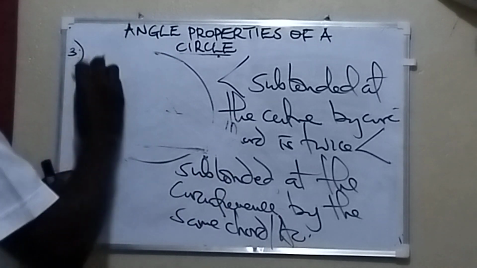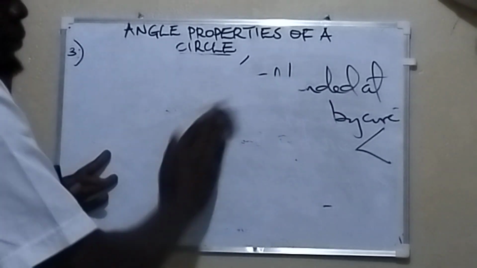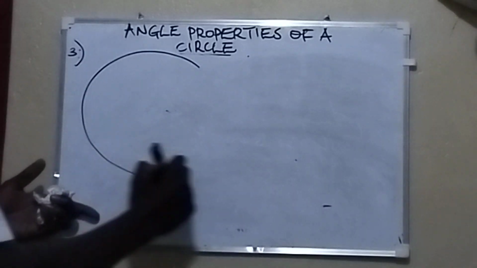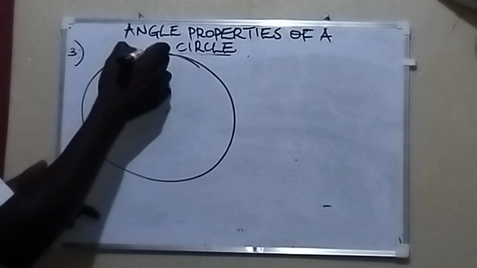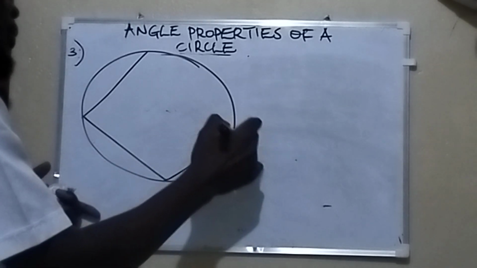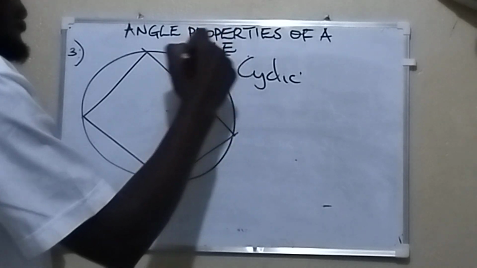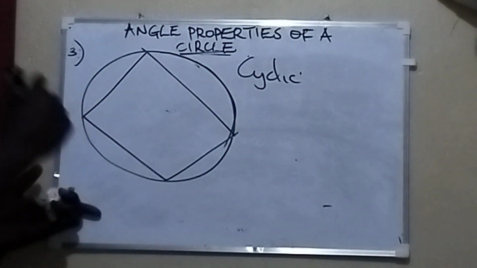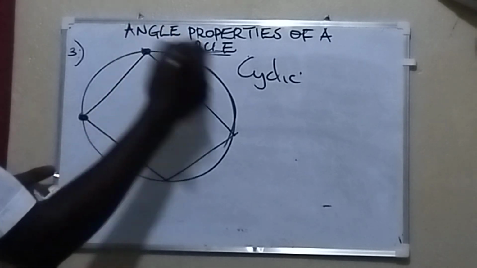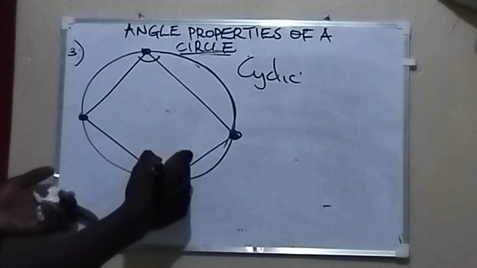Then another property, it involves something called cyclic quadrilateral. If you have your circle, then you have a quadrilateral called cyclic. So a cyclic quadrilateral is just a quadrilateral whose vertices touch the circumference.